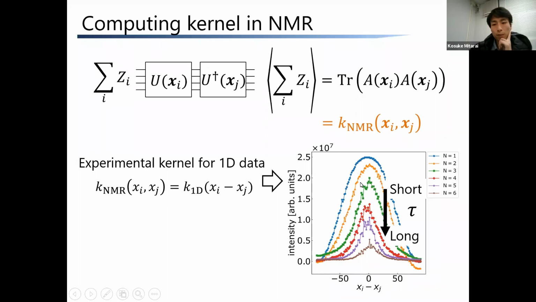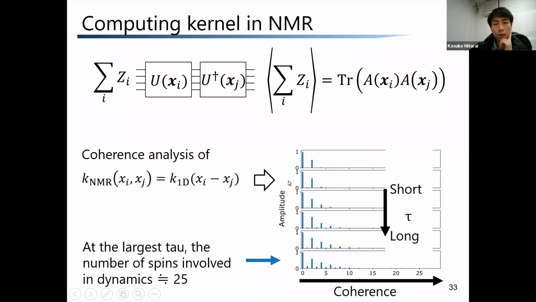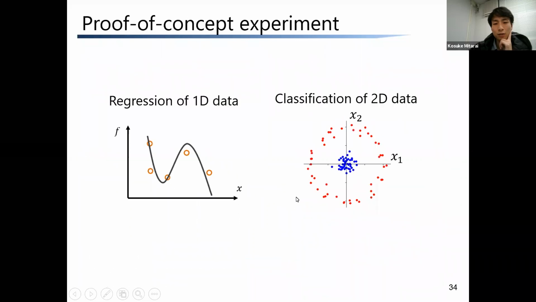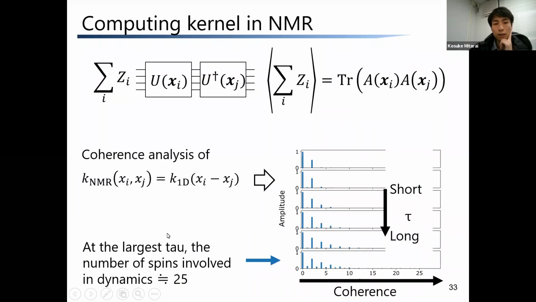So we could measure this kind of kernel function in a real experiment, and also if we perform what is called the coherence analysis of this signal, we can conclude that at the largest tau that we used in the experiment, the number of spins involved in dynamics is approximately 25. So I think this is the largest experiment in quantum machine learning, like a real demonstration.